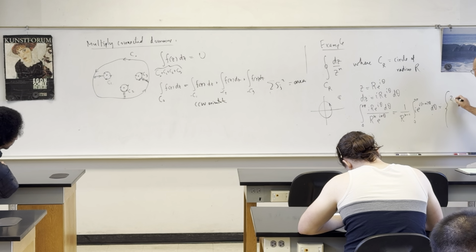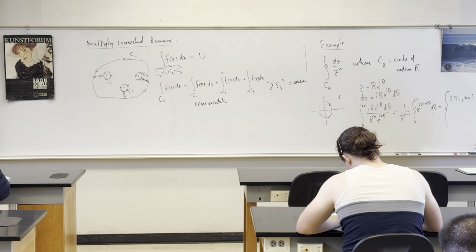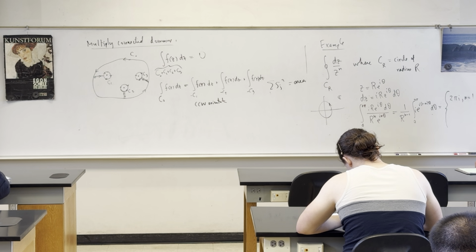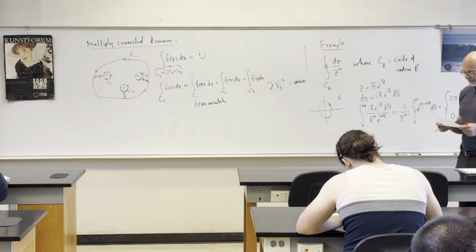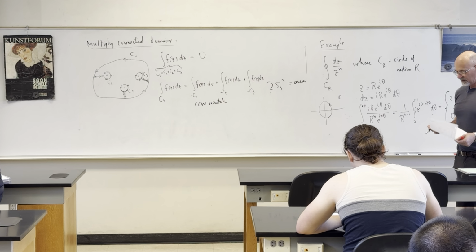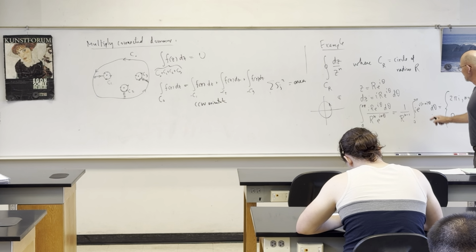So this is simply equal to 2 pi i when n equals 1. And for all others, it's just going to vanish. We're going to closed integral with an antiderivative. 0 when n is not equal to 1. Yep, and this is the all-time integral here.